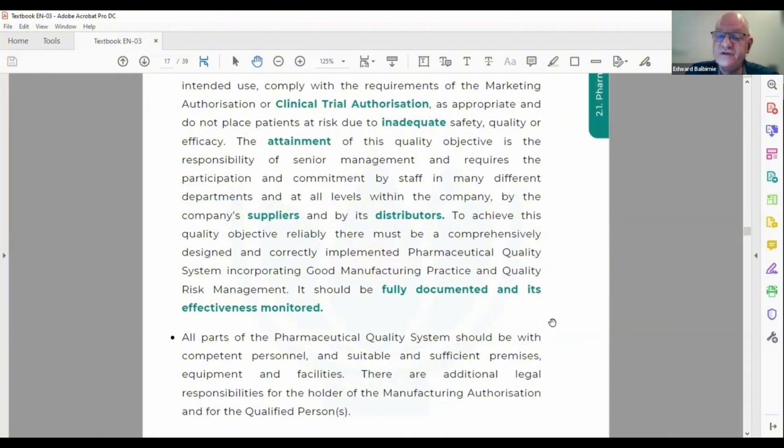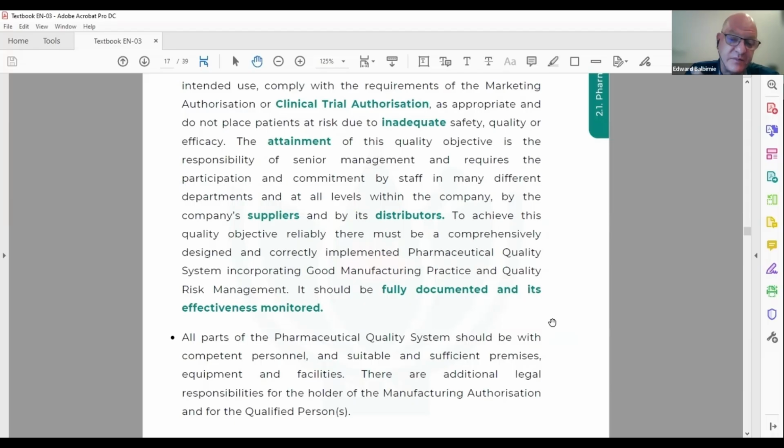The real root cause is not determined, and it's a very easy observation for regulators. They'll always look at deviations, they'll always look at root cause, and in many cases companies just don't document enough. The investigations are too short. So we'll help people to hopefully improve their investigative skills and demonstrate how to document your root cause in more detail and how to develop CAPAs and things like that.